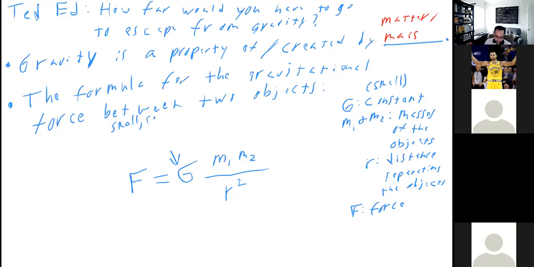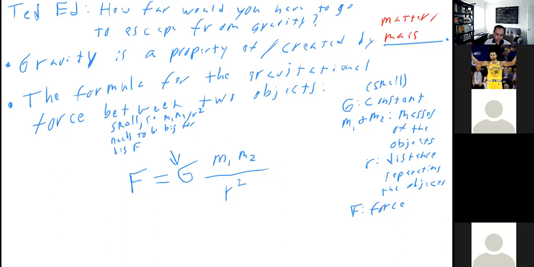So M1, M2 over R squared needs to be big for big F. Okay, that's the thing there.